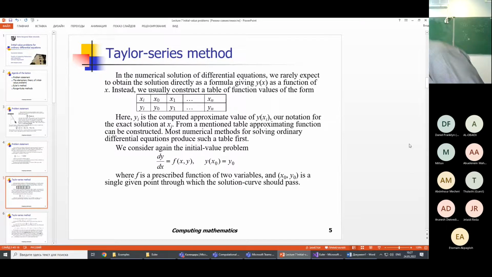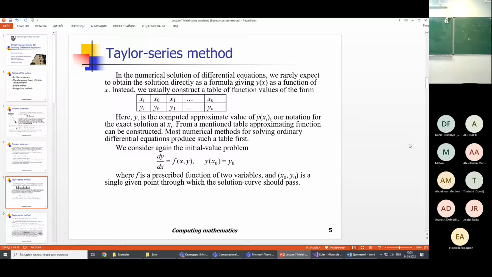Again, if we consider some initial value problem, dy over dx equals f of x, y, I can write this problem as y prime equals f of x, y, with initial value y of x0 equals y0.